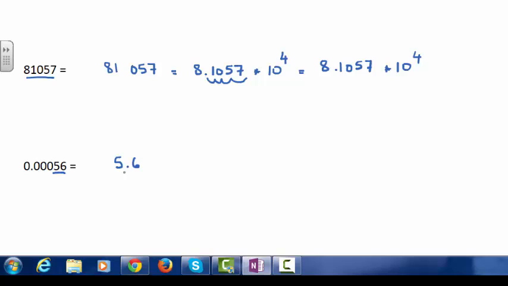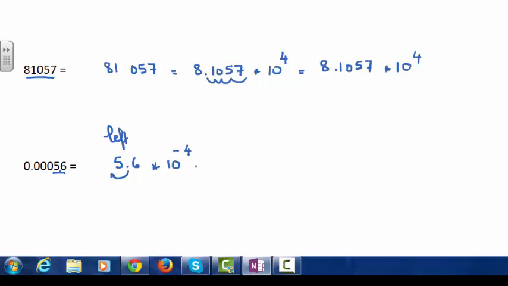That means we are changing the value. I need to go back to this value. That means I need to move this decimal point to the left. How many steps? 1, 2, 3, 4. I need to move this decimal point 4, but this time to the left. Very important, not to the right. That means I'm going to multiply by 10 exponent negative 4.